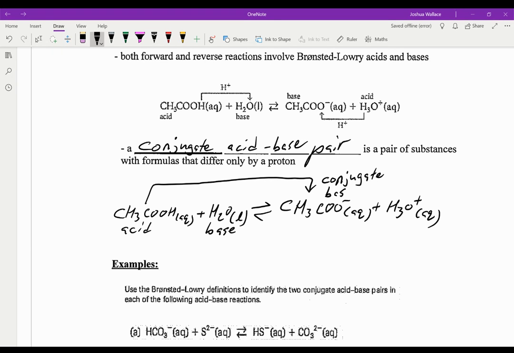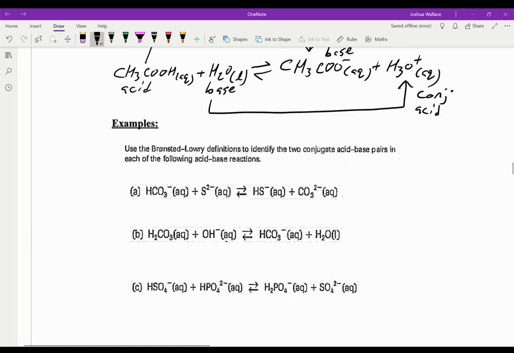And then H2O, our base, we're oftentimes going to write conjugate as conj. period, conjugate acid, like so. Could have done this the opposite way: H2O is our base, it has to accept a proton, and that way it has the conjugate acid.